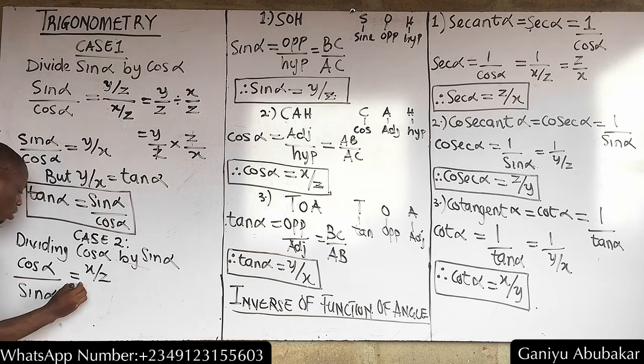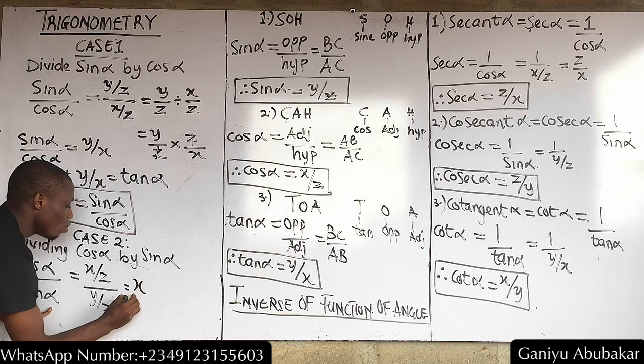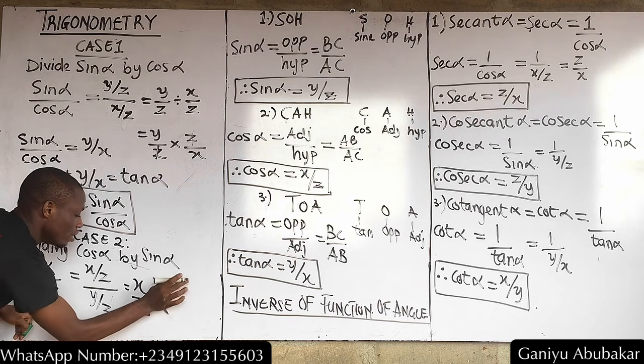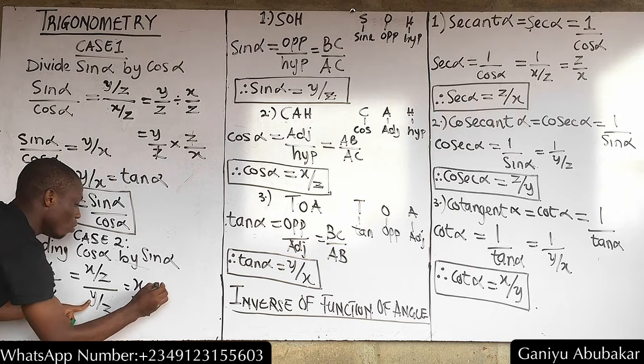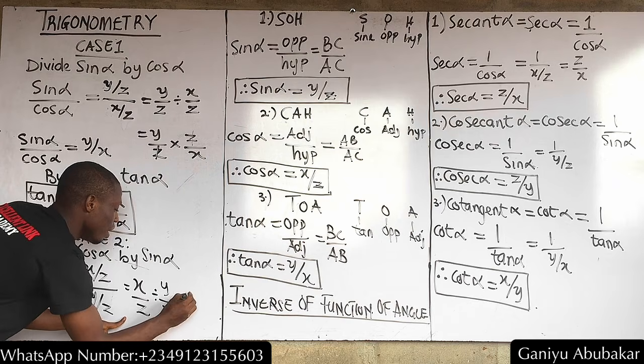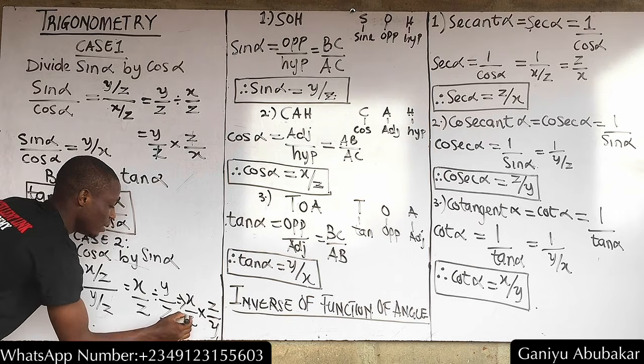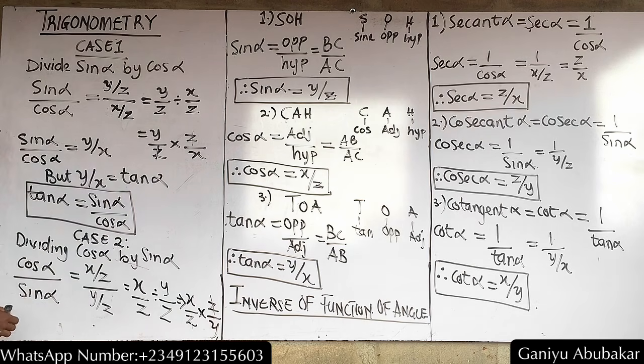X over z divided by sine alpha, which is y over z. So this becomes x over z times what? Z over y. Z cancels z. So it means that cos alpha over sine alpha will give x over y.